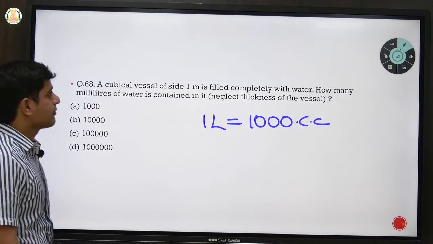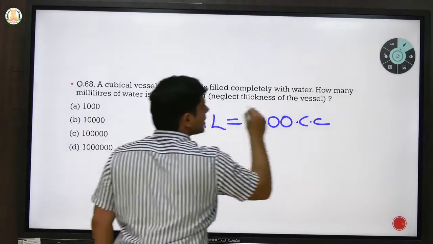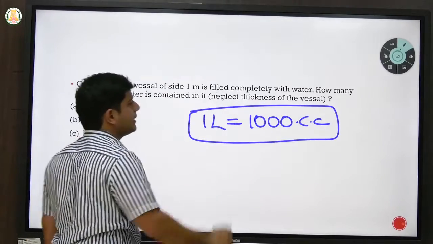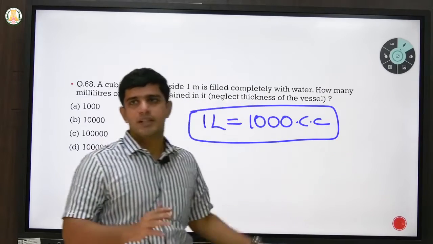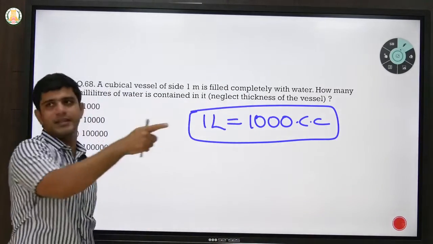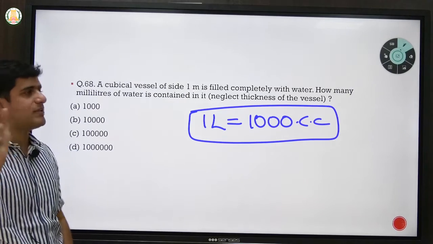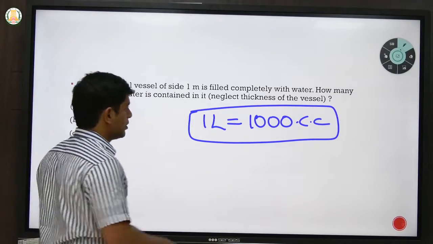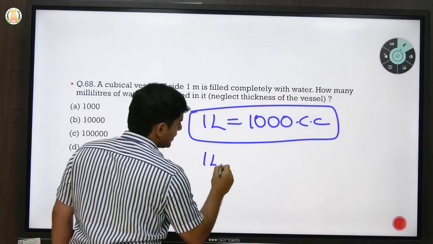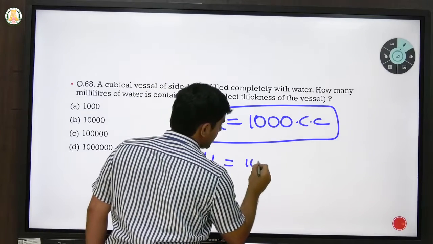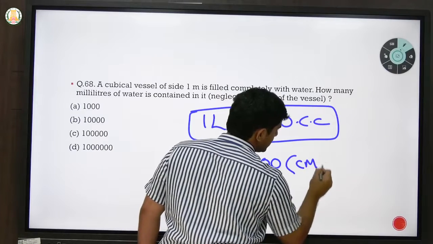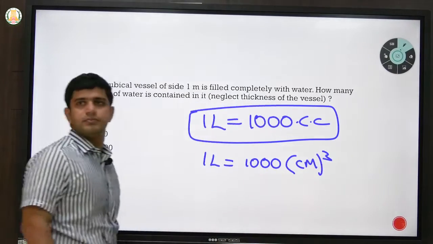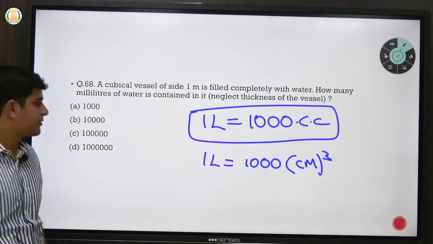This is the funda here. 1 liter of water means 1000 centimeter cube. Cc means cubic centimeters. So 1 liter is equal to 1000 times centimeters cube.